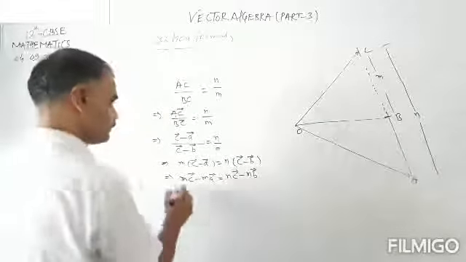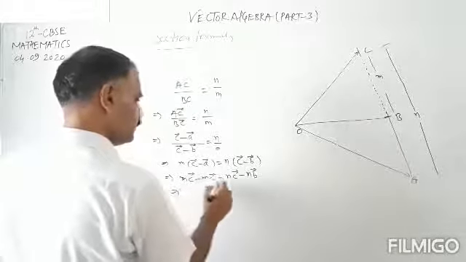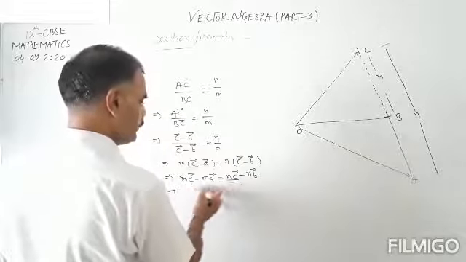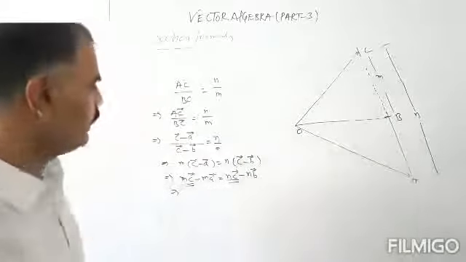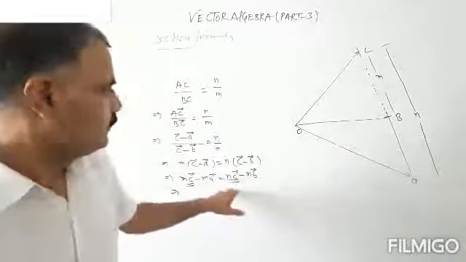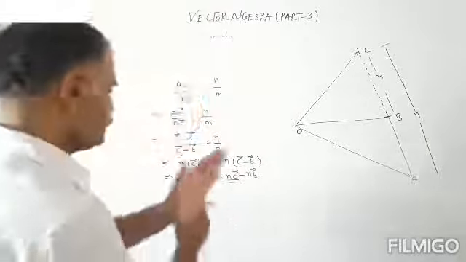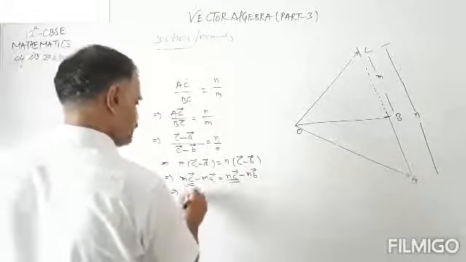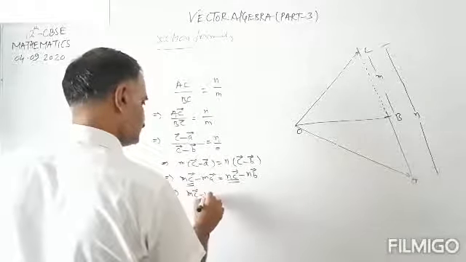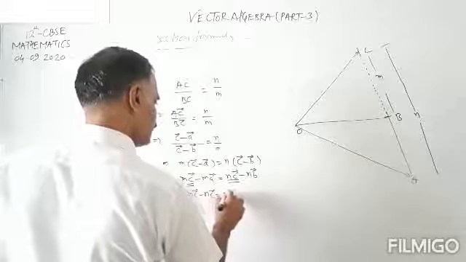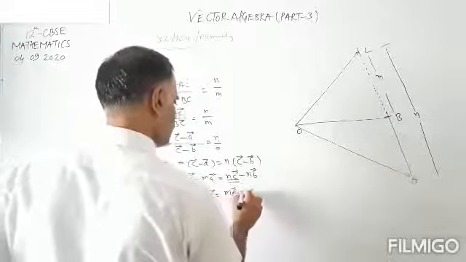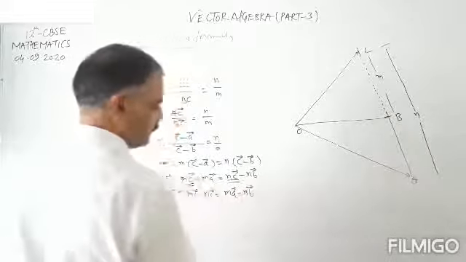Okay, now we want to find the position vector of C, that is C vector. So transfer the terms like this: MC vector minus NC vector equals to MA vector minus NB vector.